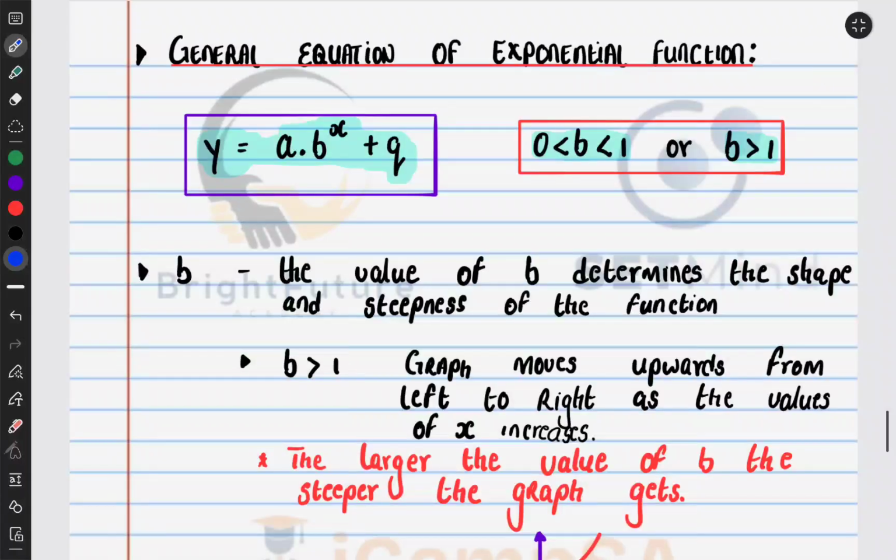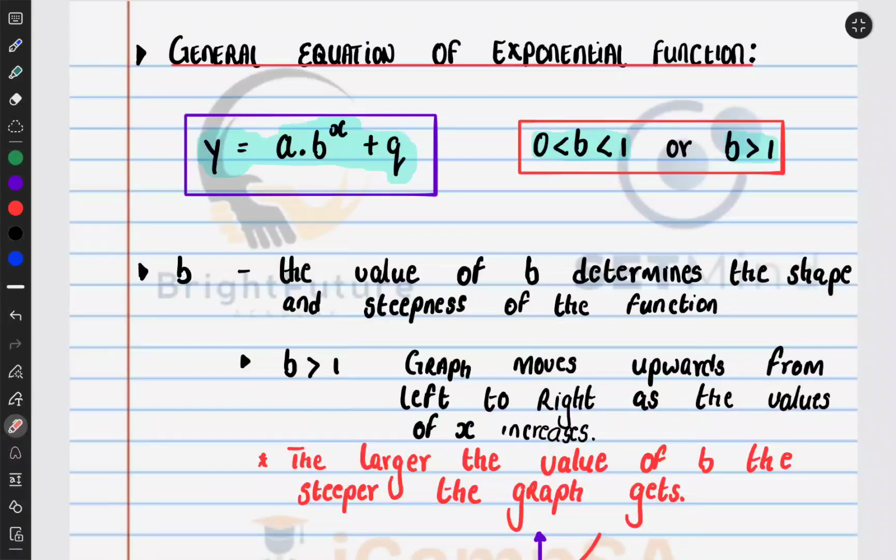Hopefully that gave you some clarification as to why we have those two restrictions on b. Here b is simply a fraction, because it's between 0 and 1, and here b is greater than 1, so it can be any number that is greater than 1.